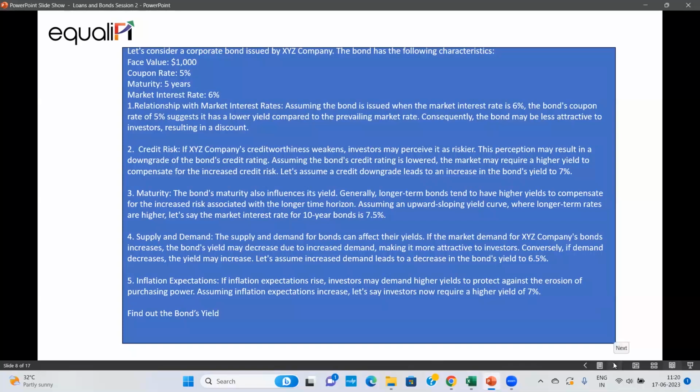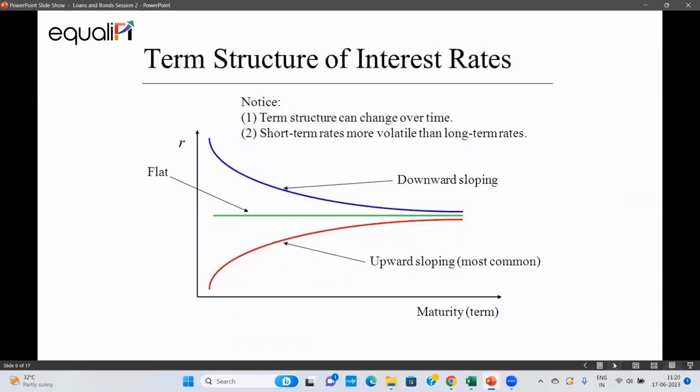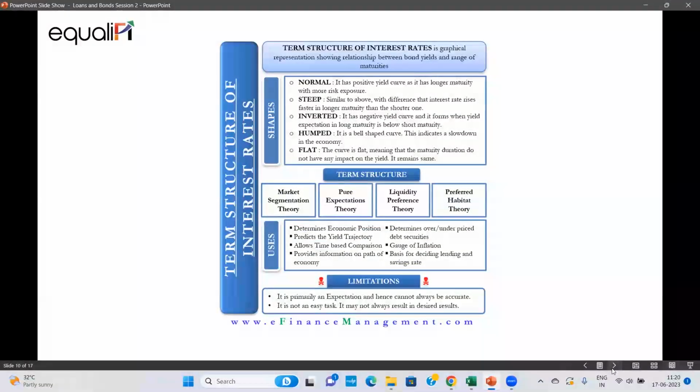This is a typical yield versus maturity curve, for different kinds of graphs which we see. There are normally 5 types of curve which we see based on yield versus maturity.